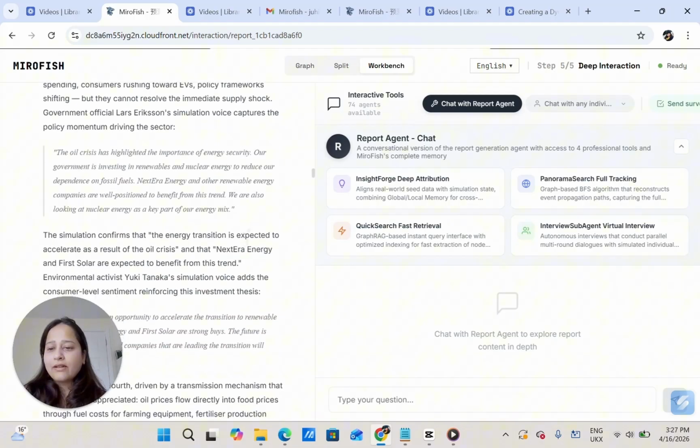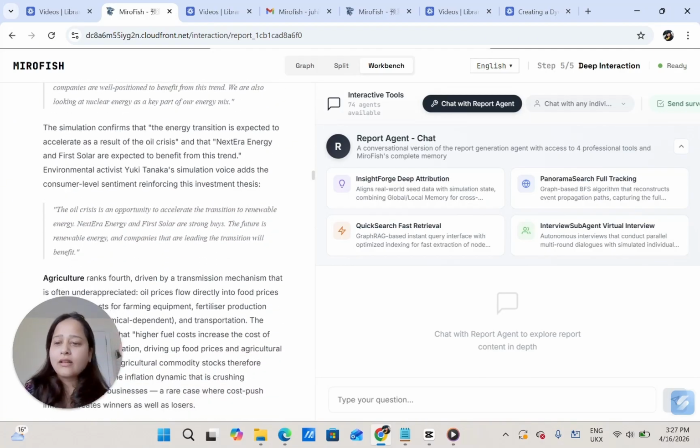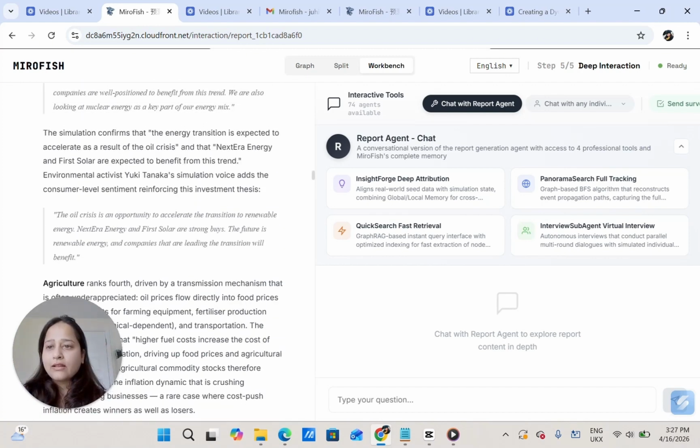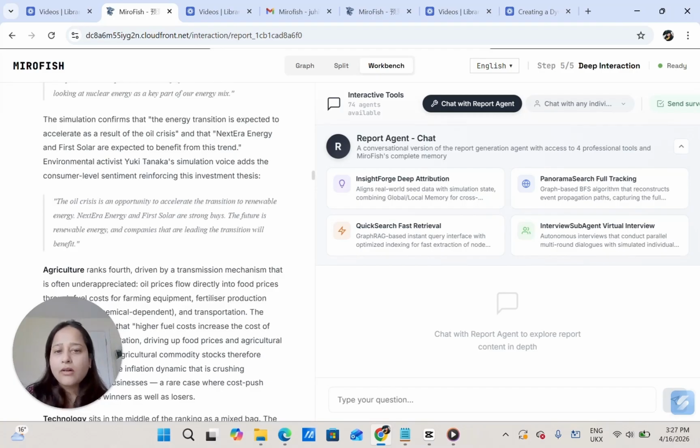And it's really fascinating to know that after clicking a few buttons, you can get such a concrete report. Every sector explained. According to MiroFish, most likely the energy sector is going to be first, most likely to get extra leverage because of this situation. Then defense, then renewables, agriculture, technology.